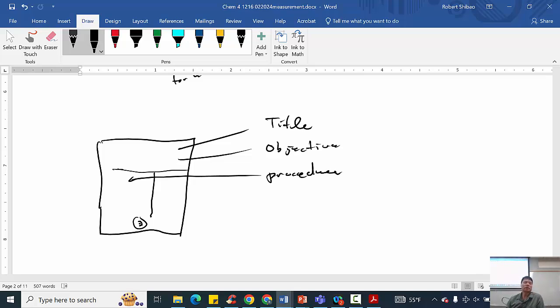But I don't like to just copy the procedure from the lab manual. It's normally there. What I like to do is have a brief, condensed procedure, or like drawings. I like to do it by drawings.